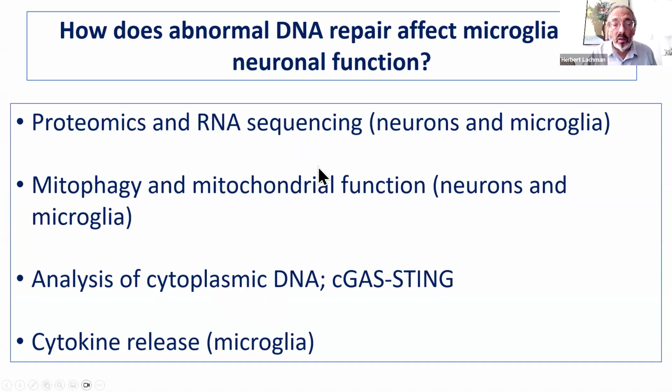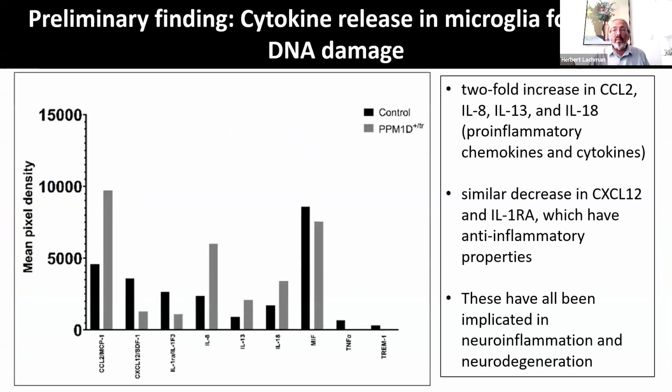One intriguing preliminary experiment is a cytokine release assay we carried out on microglia. So like cells in the immune system in the periphery, when these cells are exposed to either infections or DNA damage or some other kind of stress, they release cytokines and chemokines, which are these small hormone-like substances that are very important in controlling infectious diseases.